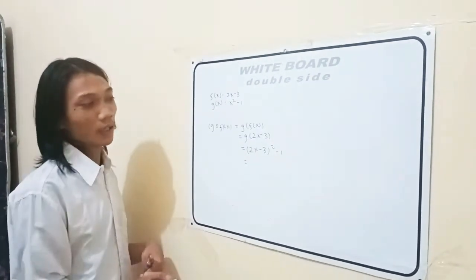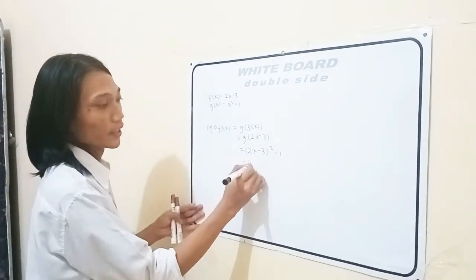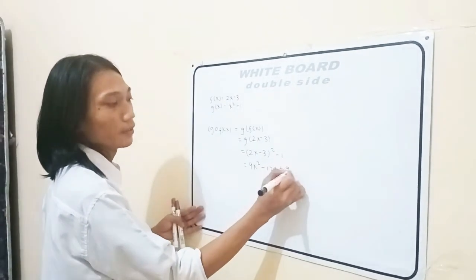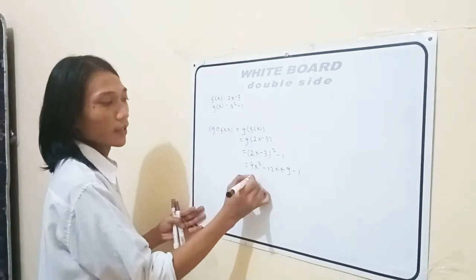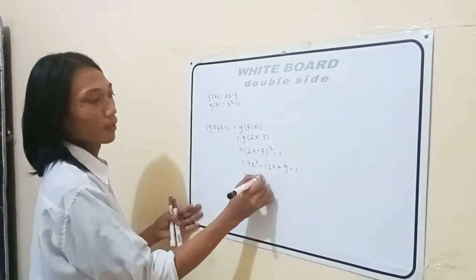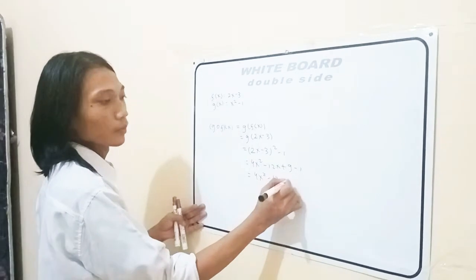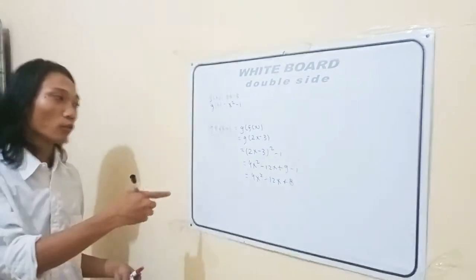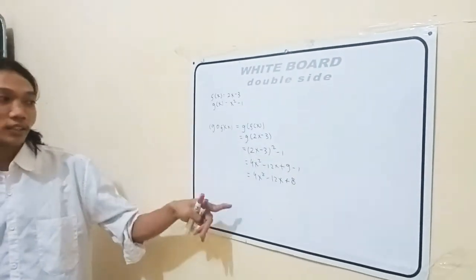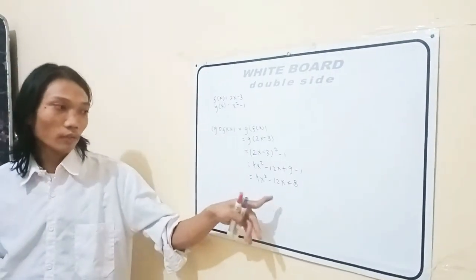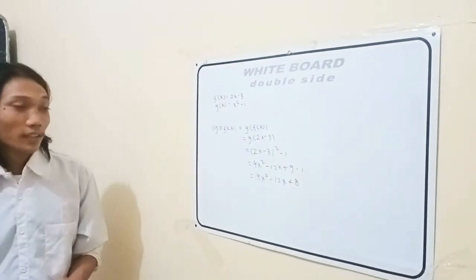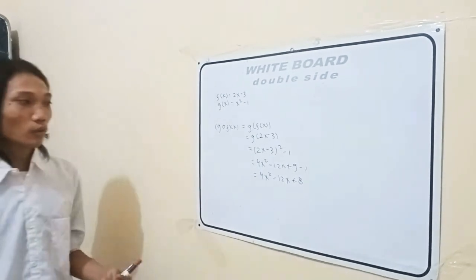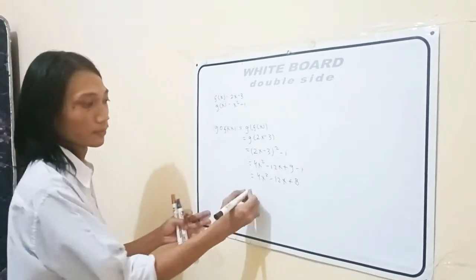And we do the algebraic operation. We get 4x squared minus 12x plus 9 minus 1. And then the final result is 4x squared minus 12x plus 8. So we get the formula of function g composition f(x) is equal to 4x squared minus 12x plus 8. And previously, we had 10 tons of wood, so we substitute x by 10.